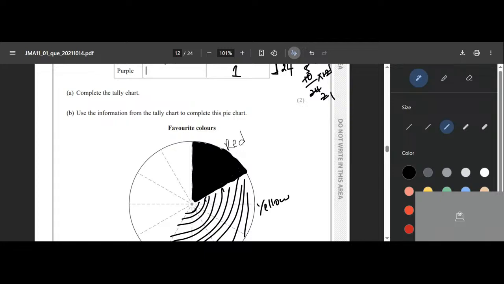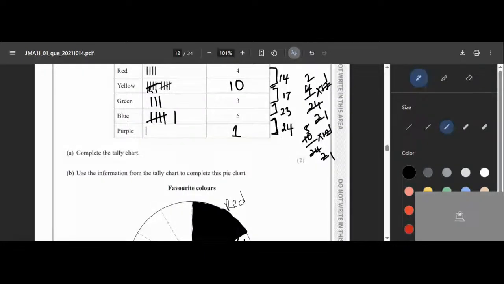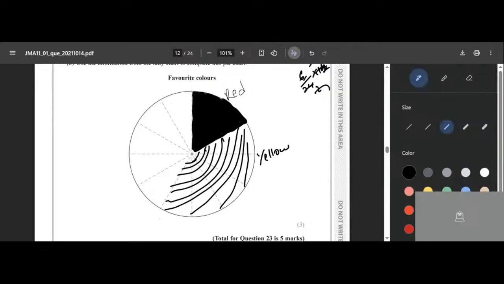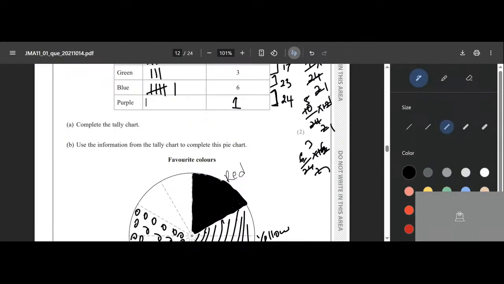Then for the next one, divided by 24 times 100 times 12. So for that, these are 3. So 3, maybe let me use balls for these 3 shapes here. Balls in that order. Then we say that these are blue.